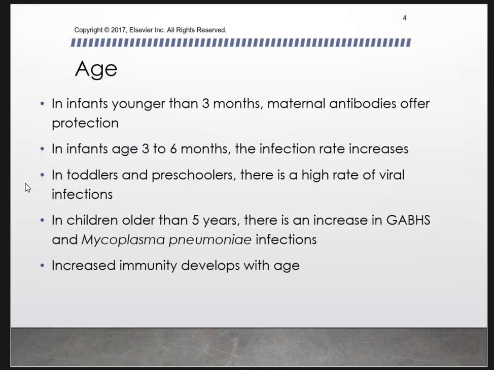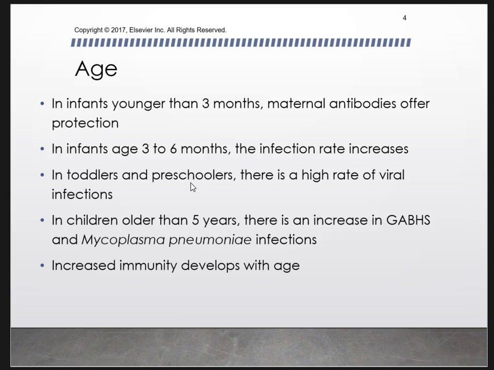In our toddlers and preschoolers, we see a high rate of viral infections. Think about that. Toddlers and preschoolers, if they're going to daycare for the first time, if they're going to preschool for the first time, again, that's a new shock to their system. They're being introduced to significantly more pathogens more often.